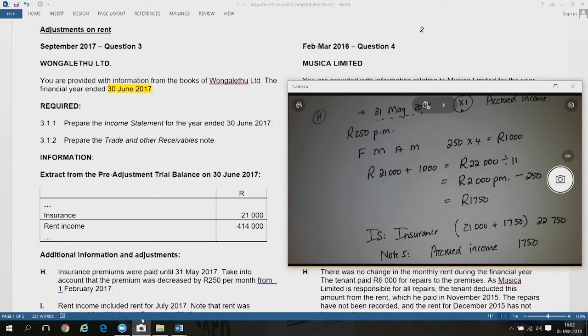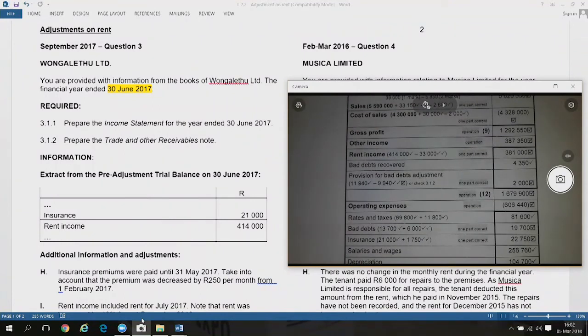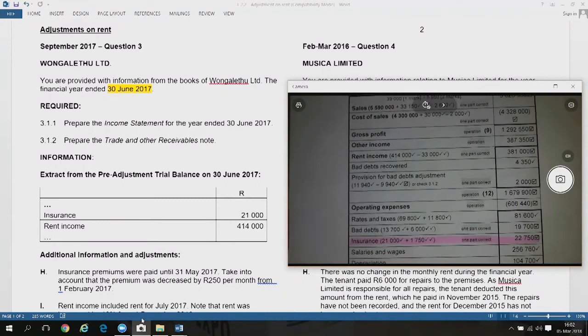So in your income statement, there is your insurance. 21,000 plus 1750. Please don't minus it, because we need 1 month. That gives you 22,750. And in your trade and other receivables, accrued in, oh, sorry, this was not accrued income.